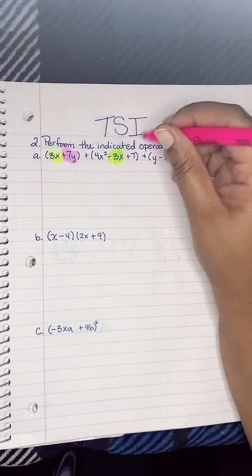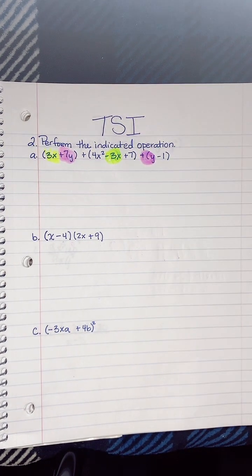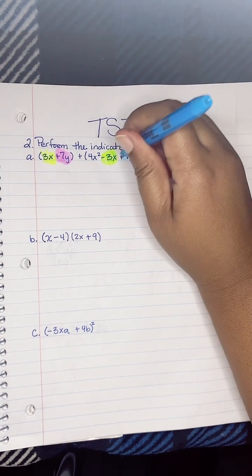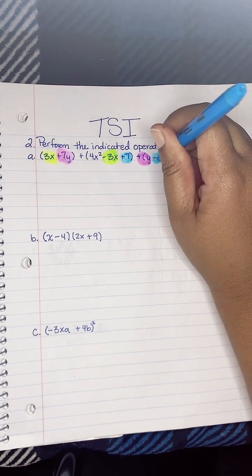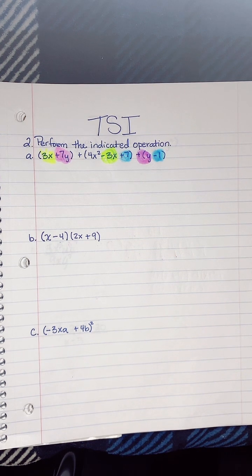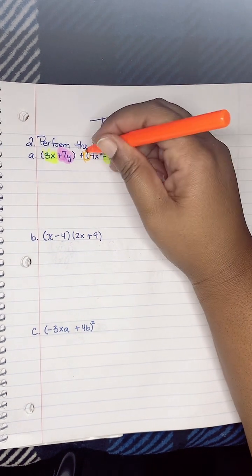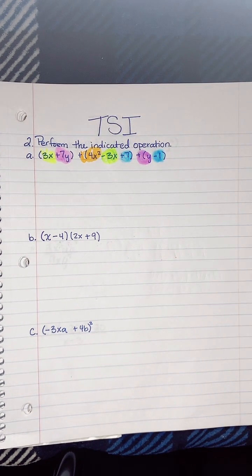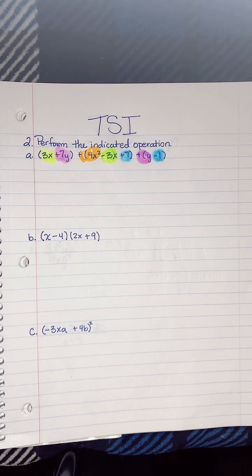And then I'm looking for another. So we have a plus y here. All right. And then we have a plus 7 and a negative 1. Okay. And lastly, let's see, what color didn't I use? We have this positive 4x squared. So usually this helps people that struggle with identifying like terms when you see the colors.